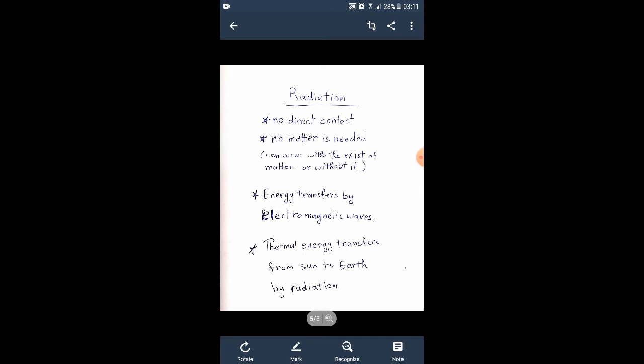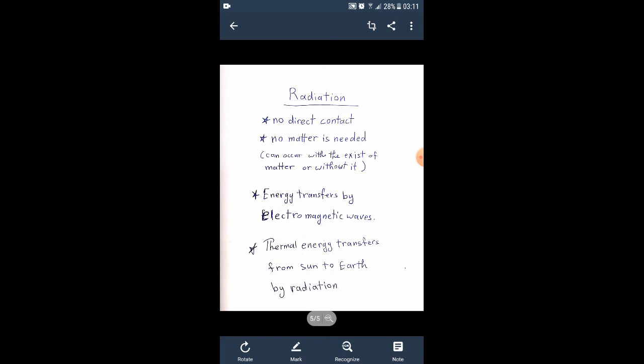Some stoves, or if we put our hand beside the fire, we will get warmer because of the radiation, because of the movement of the waves. With the existence of air, yes, there is air, there is matter, but the waves don't need the air. They move without the air.